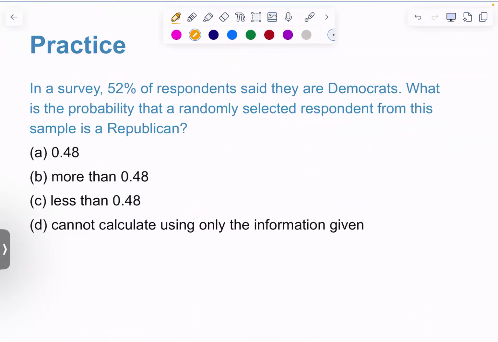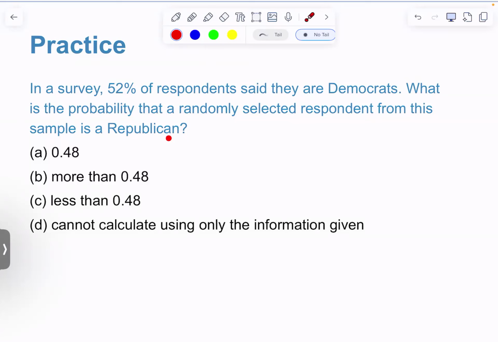In a survey, 52% of respondents said they're Democrats. What's the probability that a randomly selected respondent from the sample is a Republican? Now, we know that you're either Democrat or Republican, but there is an option for independents and other things, right? And so we don't want to jump the gun and say, okay, well, it must be 1 minus 0.52.